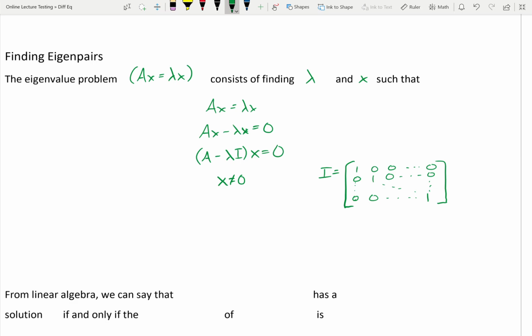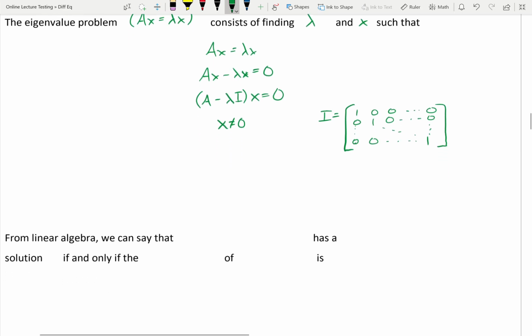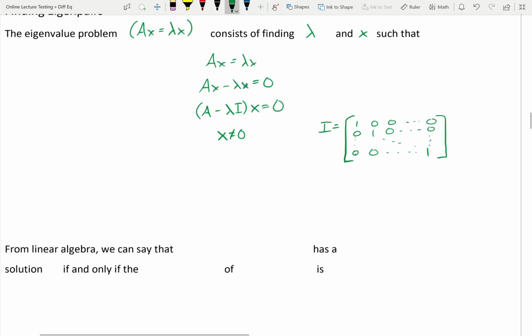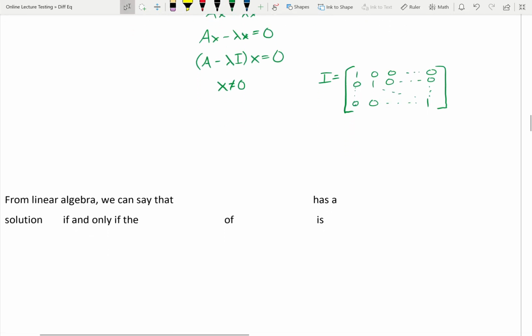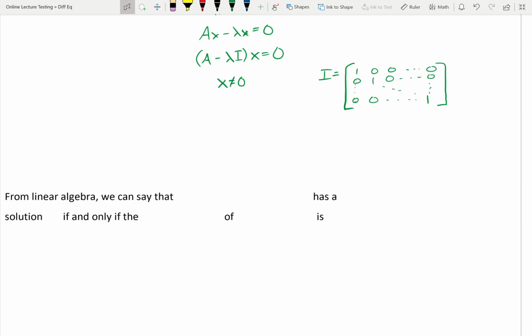So that's what the identity matrix is. From linear algebra, for those that have had it, this is hopefully a refresher. If you have not had linear algebra, there's not much that you need on this part, but the biggest thing is to pay attention to what we're going to be looking for.